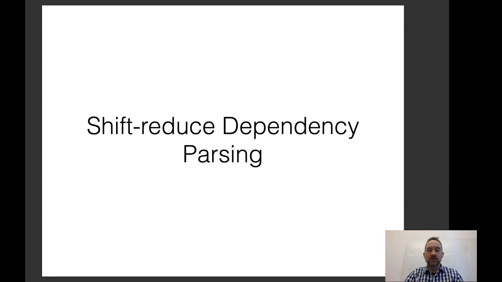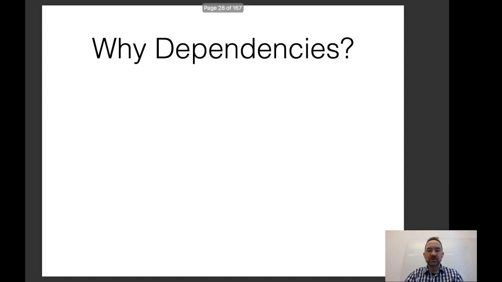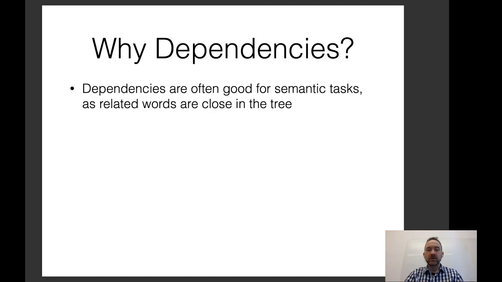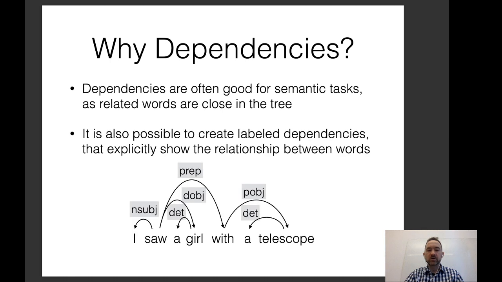First I'm going to talk about shift-reduce dependency parsing, which is a transition-based or incremental model for parsing syntactic structure. One question might be, why would we want to handle this structure in the first place? I briefly alluded to this, but dependencies can be good for semantic tasks where words are close in the tree.